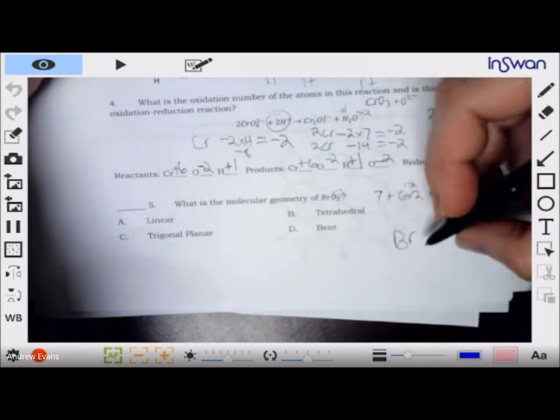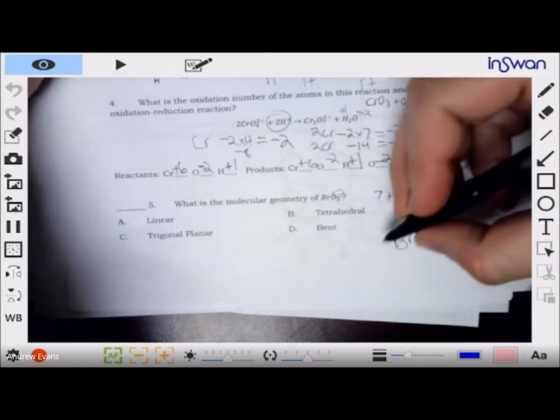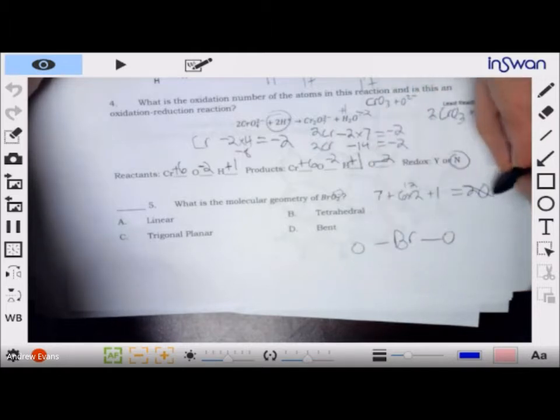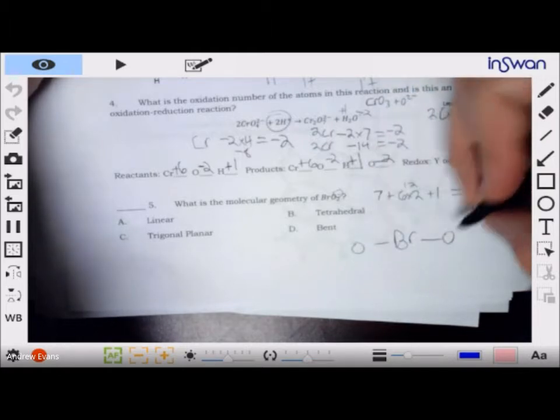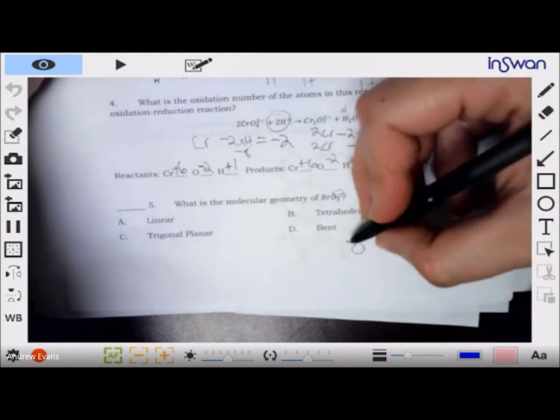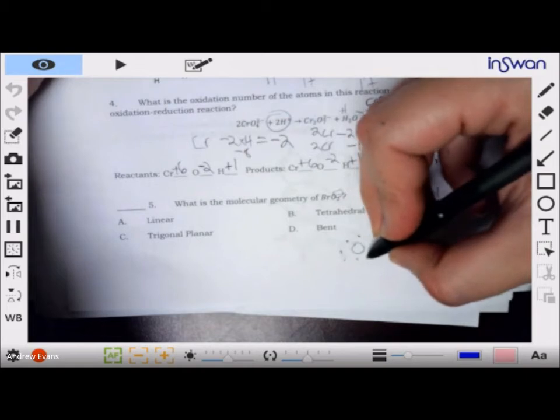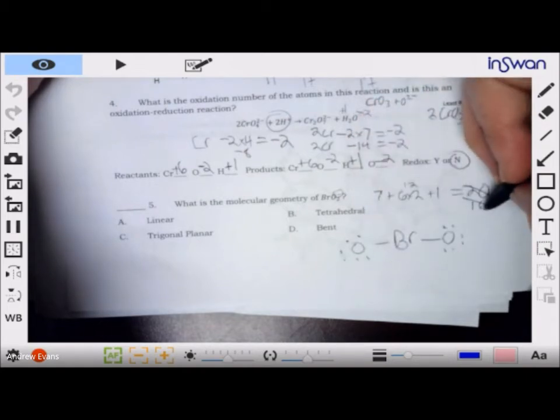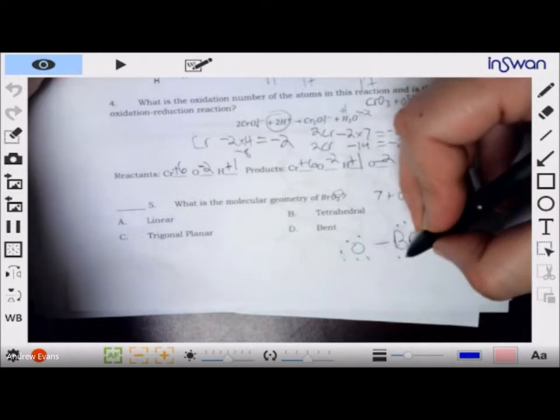Start with bromine in the center, an O and an O. That's 4 electrons. We're down to 16. Put 6 on each oxygen, give it an octet. We used 12, so we're down to 4. Slap 4 on the bromine.